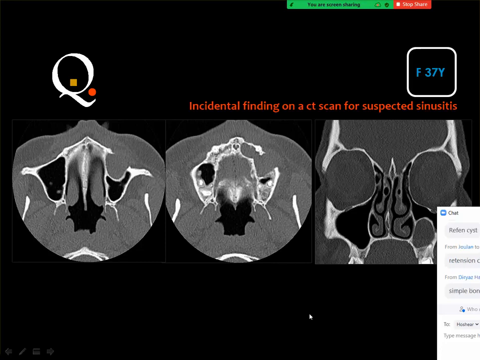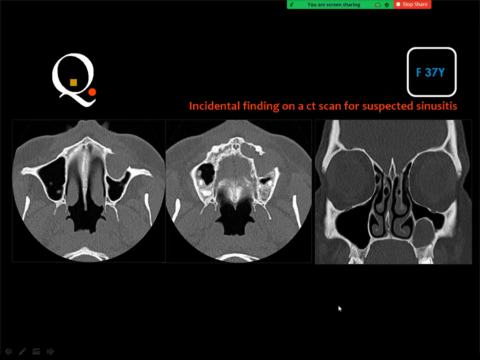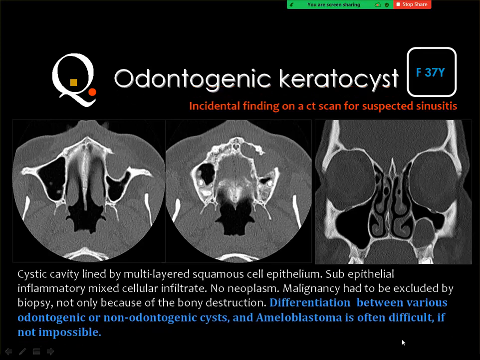Simple bone cyst is not that common in the mandible or in the alveolus, but the keratocyst is a good possibility since the cyst is unilocular. And of course, you know that ameloblastoma is also a unilocular cyst that can arise in such an appearance, and you may not be able to differentiate.